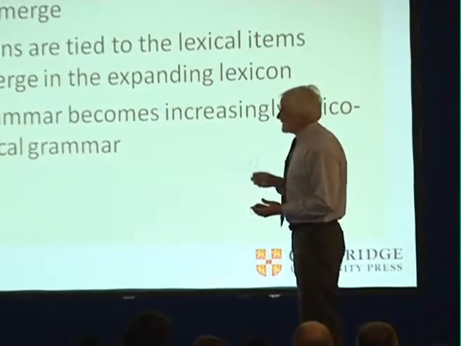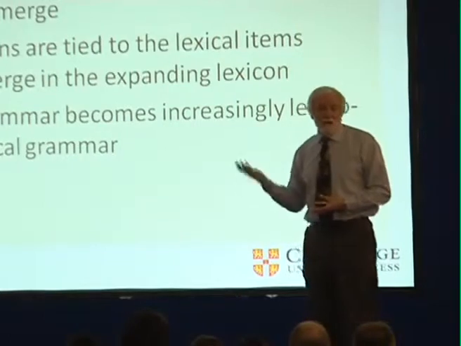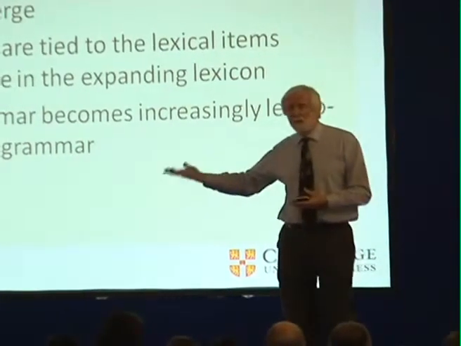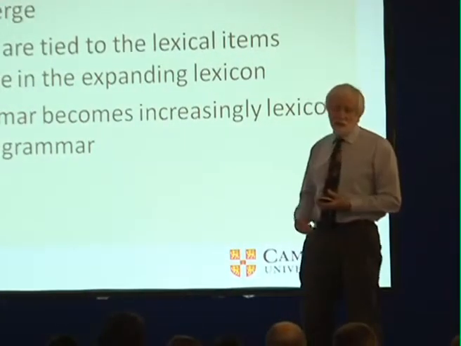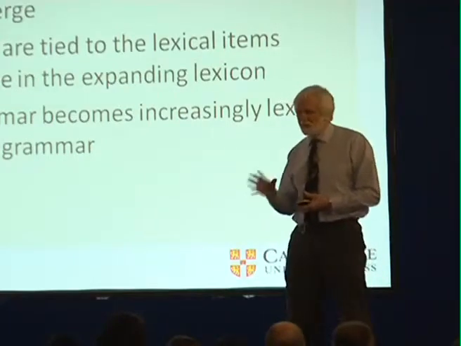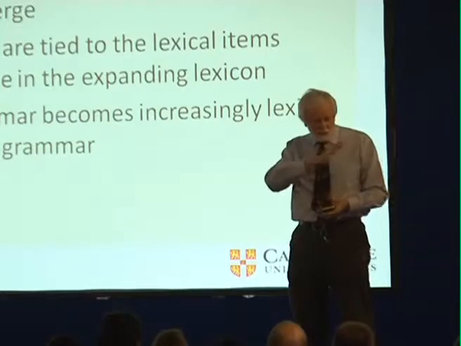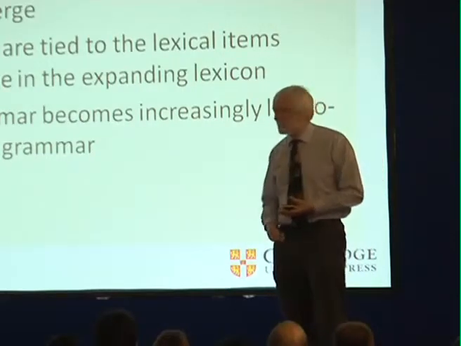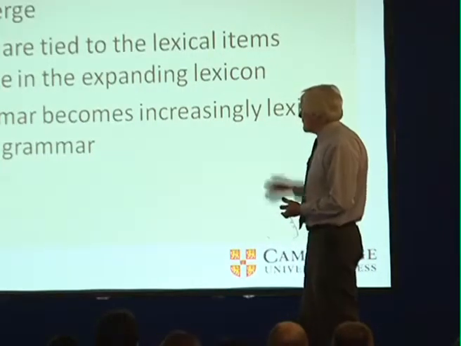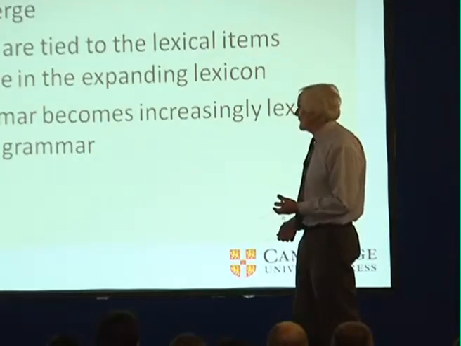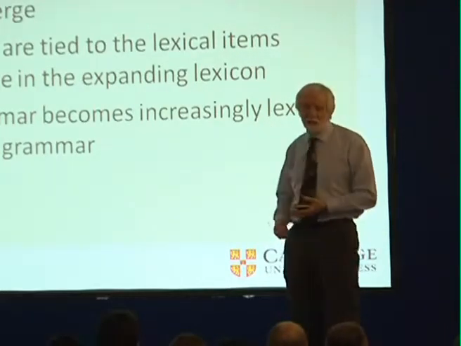Across the levels, more complex patterns emerge, and the examples that Anne and Geraldine gave both underline this, that the errors are not simply, oh, you've got the wrong word, tough. They are because of a variety of choices that you've made. The patterns are tied to the lexical items which emerge in the expanding lexicon.